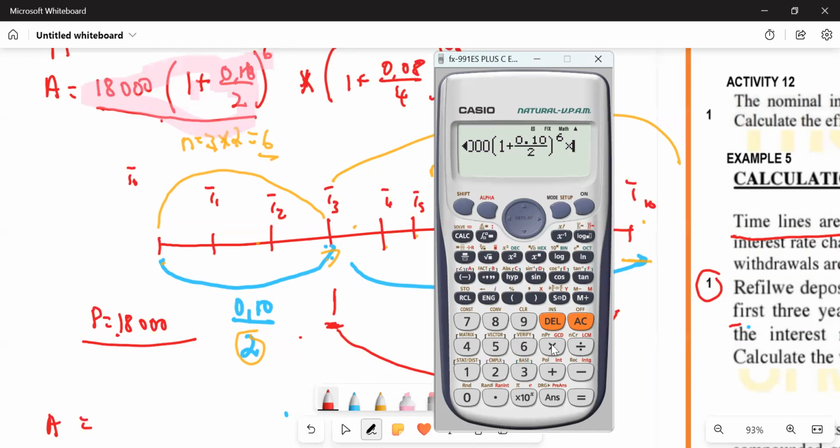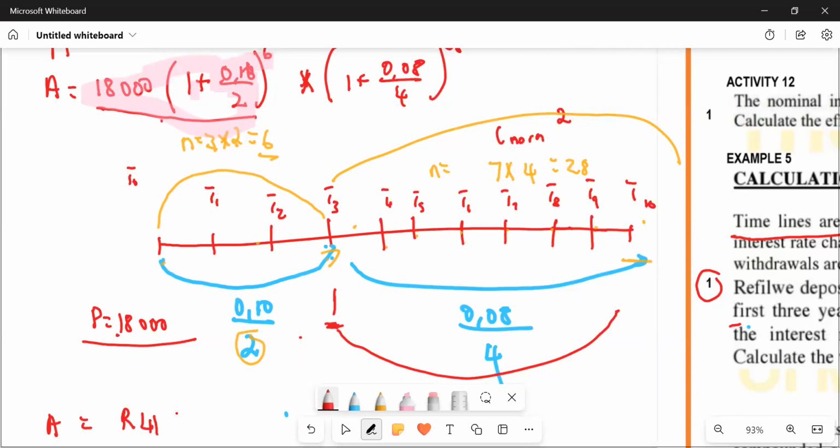And then you go down and say multiply by 1 plus fraction 0.08, close bracket, all over 4. Close bracket, to the power of 28. So what are we going to have? 41,996.50.